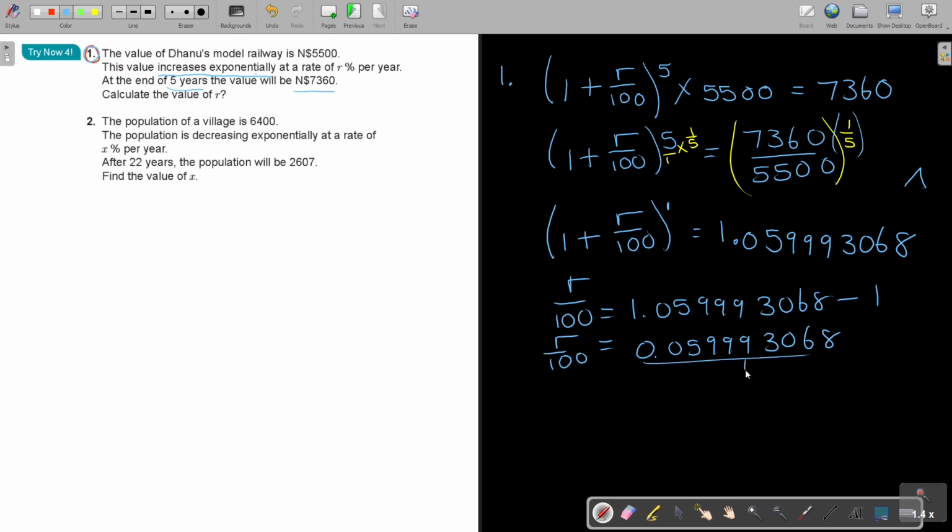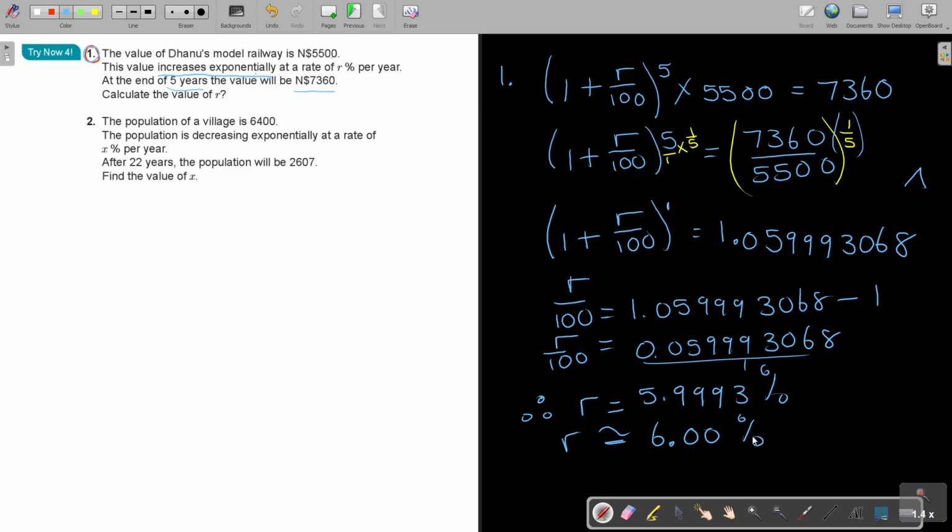Put it over 1, and I cross multiply, and I get the value of R is going to be 5.99993%. But if I approximate it to 3, then it's going to be 6.00. I just put that because it's 3 significant figures. That's why I was putting it.